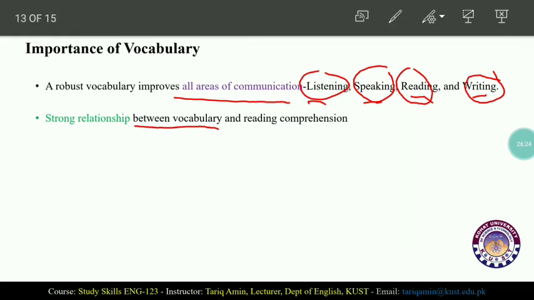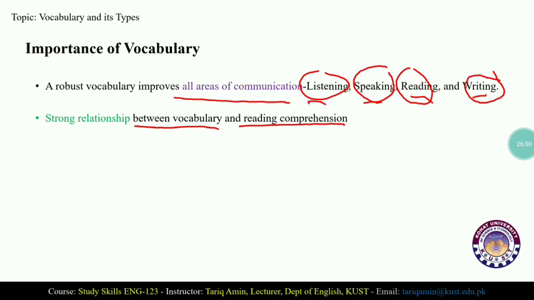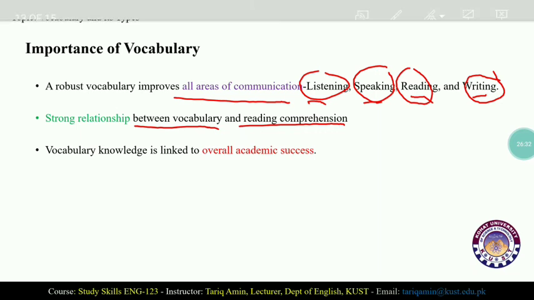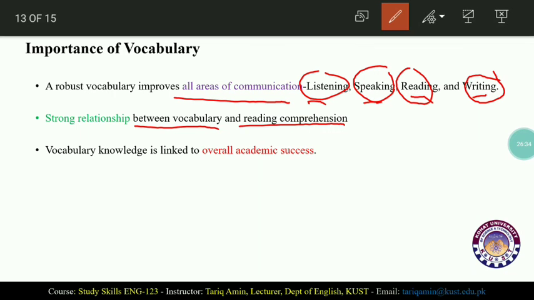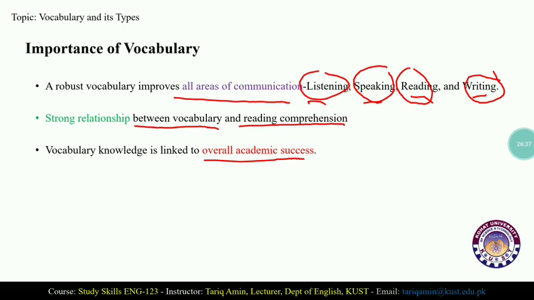Yes, we discussed this point, that there is a strong relationship between vocabulary and reading comprehension. And vocabulary knowledge is linked to overall academic success. For we students, vocabulary is very much important and it is linked to academic success.